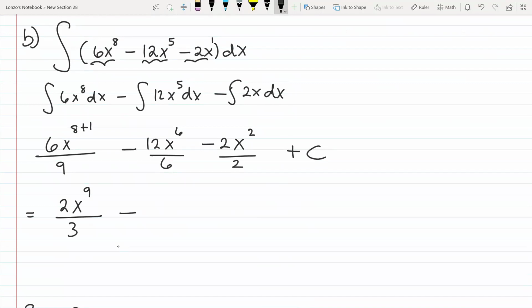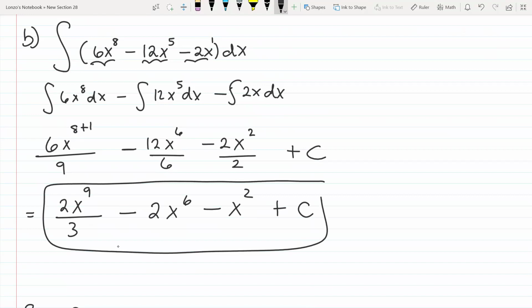Minus 12 over 6 is negative 2x to the 6. Negative 2 over 2 is just minus x squared. Okay, so all I did was use the power rule, or if you want, you can take the integration of each term separately, or use the sum rule, right?